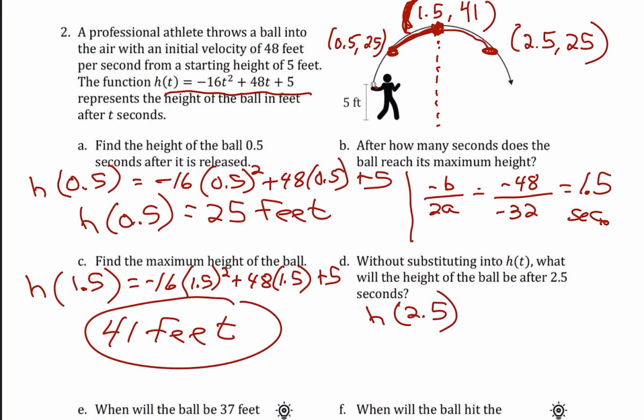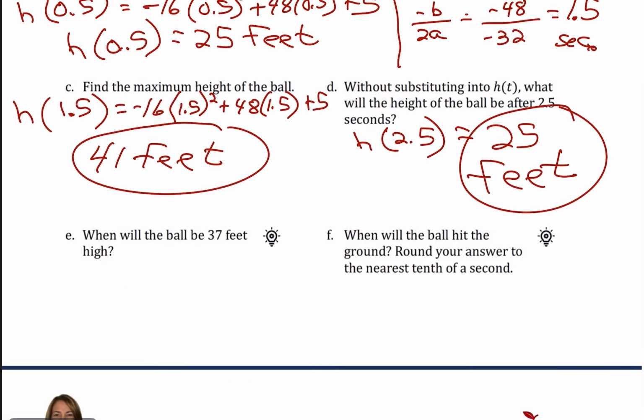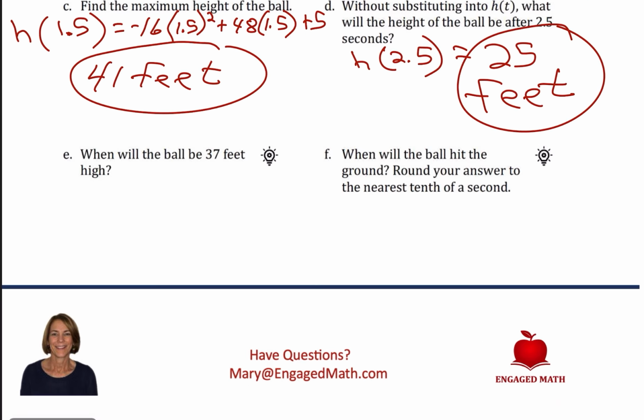So after 2.5 seconds, the height is again 25 feet. So we could have substituted in and we would have gotten 25, but we also know, based on symmetry, the answer without substituting in.